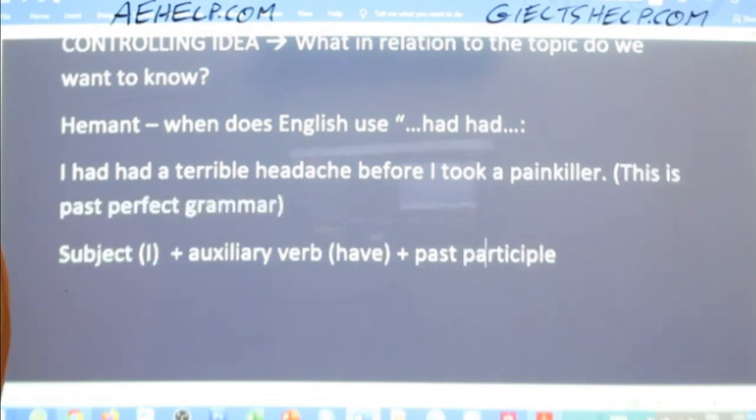Past participle of have, which is had, and then plus object.